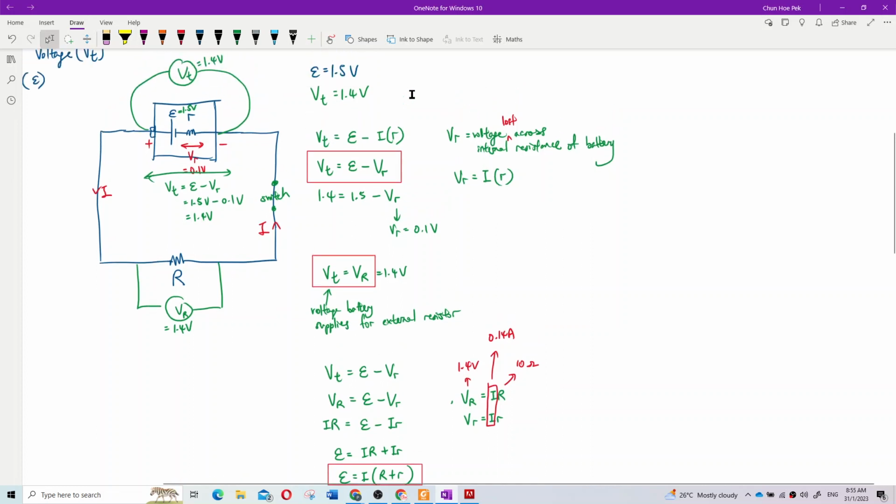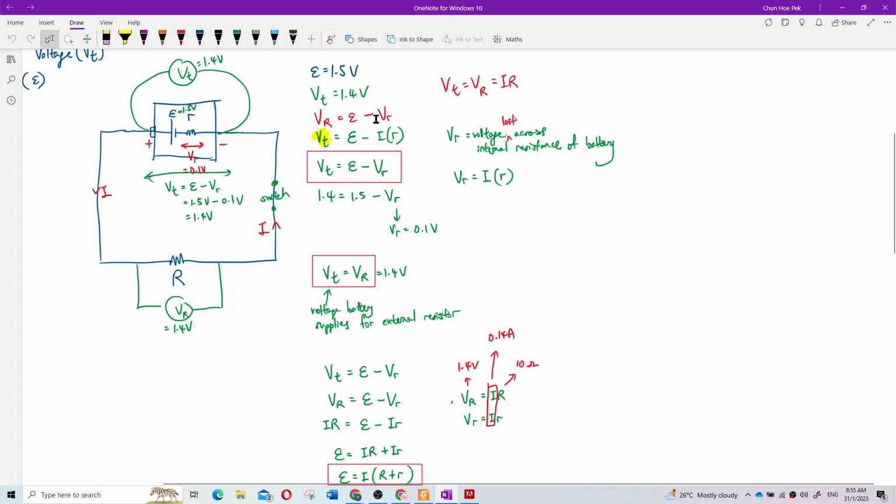So just want to tell you that this terminal voltage here is actually the voltage across the external resistor. Understand? The terminal voltage actually is the voltage across the external resistor, which is also I big R. So it's actually just V big R equals E minus V small r.